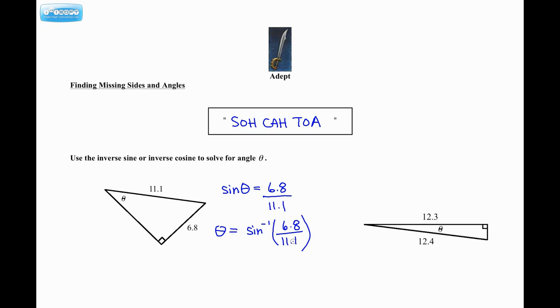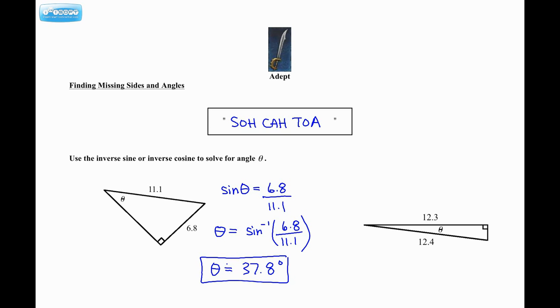You can work this out as a decimal, just be careful with your rounding. Let's quickly work that out on my calculator. Inverse sine, and I get approximately 37.8. This is an angle, so we're going to put degrees. So that's our angle theta.